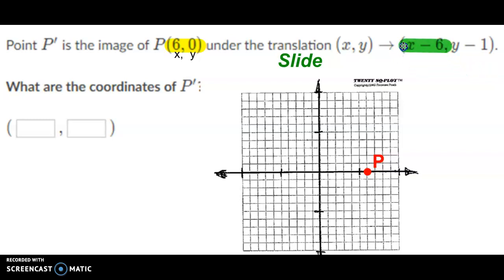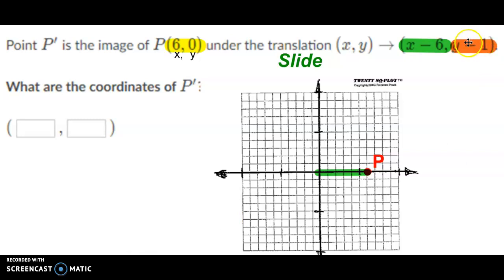The x coordinate is going to go -6, which is going to be a shift to the left 6. So it'll look like this. I start here and I slide this dot to the left 6 points. 1, 2, 3, 4, 5, 6, and it would land here. And then I'm going to slide the y, and the y coordinate is going to slide -1.